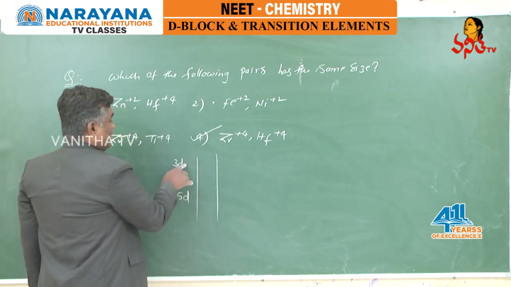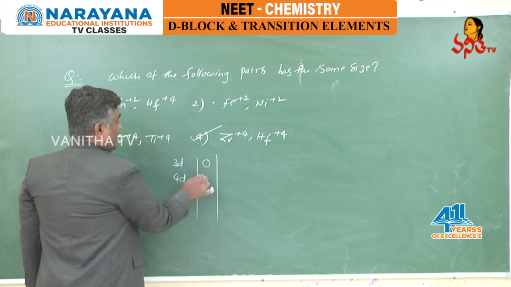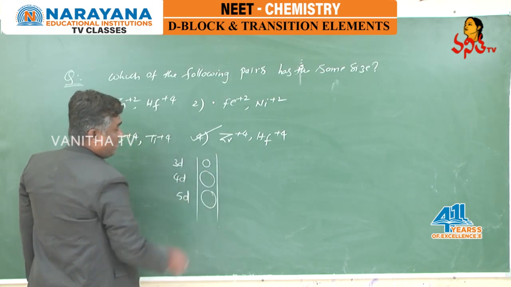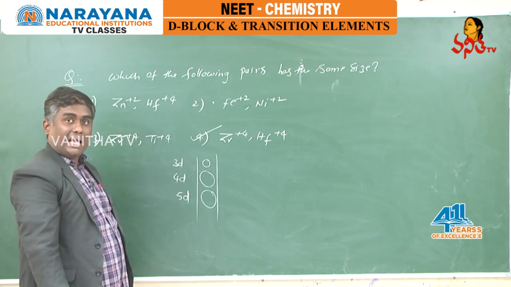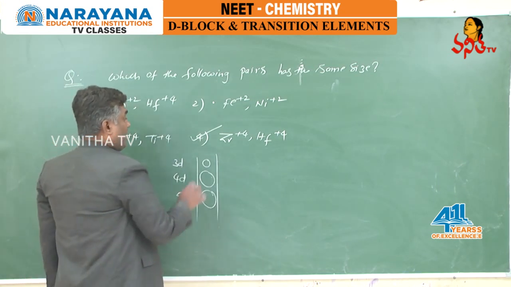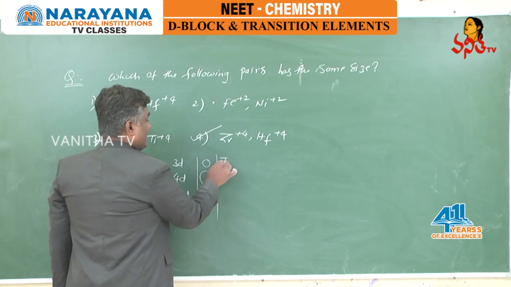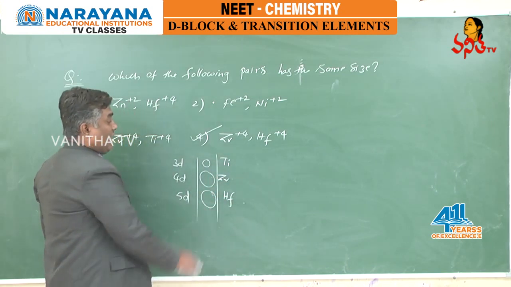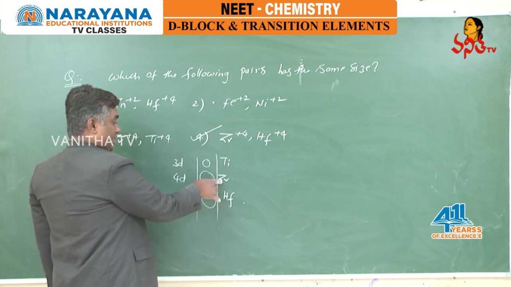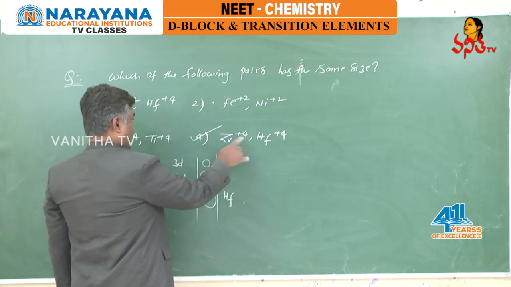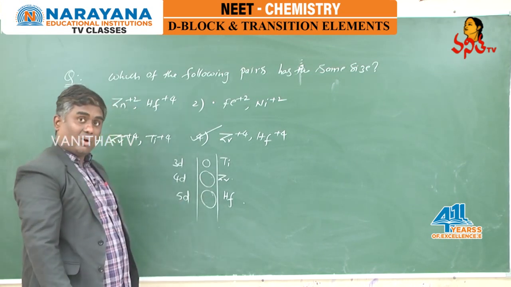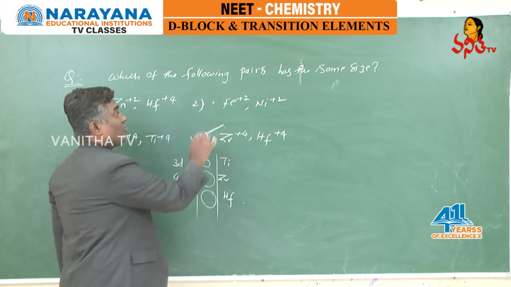From the 3d series to the 4d series, size increases, but from the 4d series to the 5d series, size remains the same due to lanthanide contraction. If you look at the fourth B group elements, titanium, zirconium and hafnium, zirconium and hafnium, whether atomic sizes or ionic sizes, they are found to be the same due to lanthanide contraction. So the answer is the fourth option.